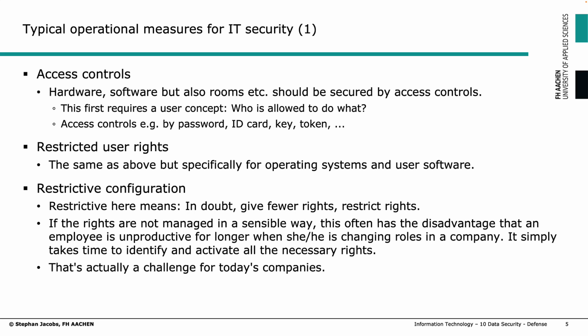If it takes that long, that's probably an indication that in principle something is going wrong here. There should be a clear documentation of which role requires what kind of rights. And yes, that's actually a challenge for today's companies, to come up with an approach like this.